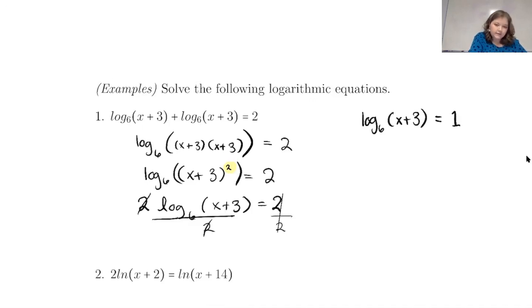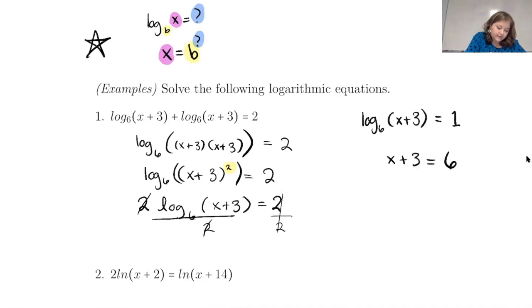So if you remember, that was the property in one of the videos, I believe it was 7.1, where if we have log base b of x equals a question mark, we can write it as x equals b to that question mark, where our base, the logarithm becomes the base of the exponent, the argument goes by itself on one side, and then our value, that's the question mark, becomes the exponent. So we can write the same thing here. It can become x plus 3 equals 6 to the first power.